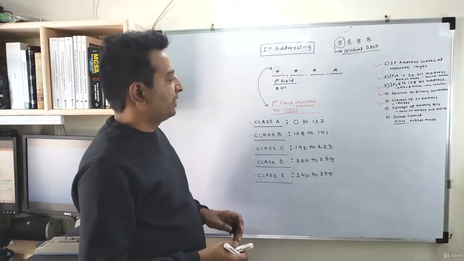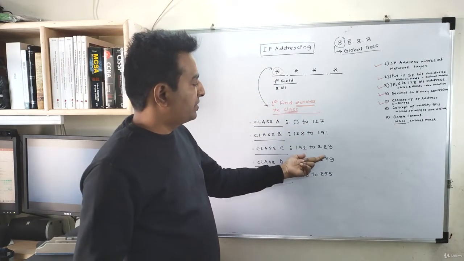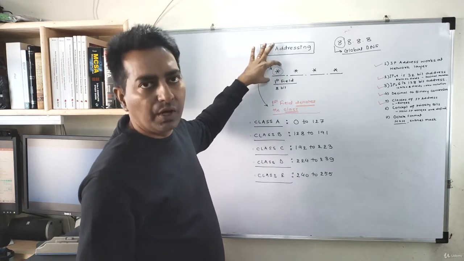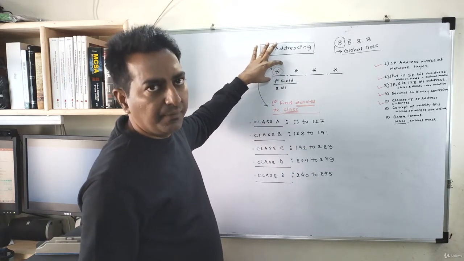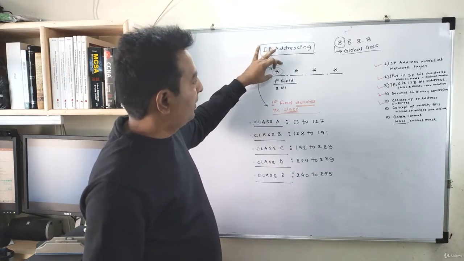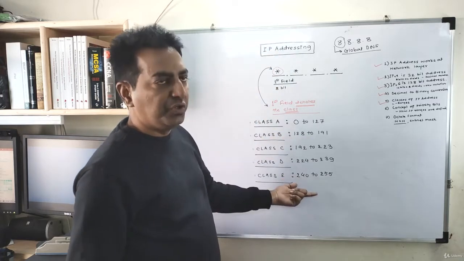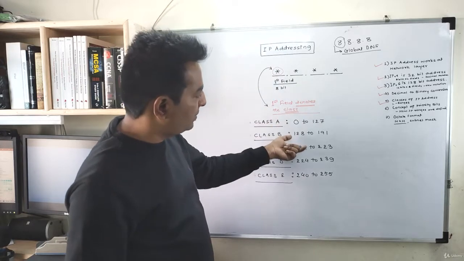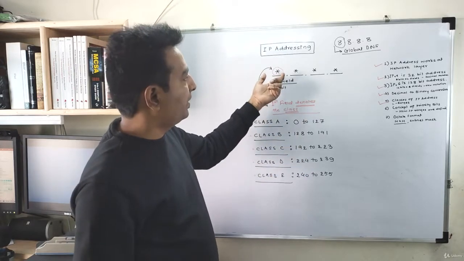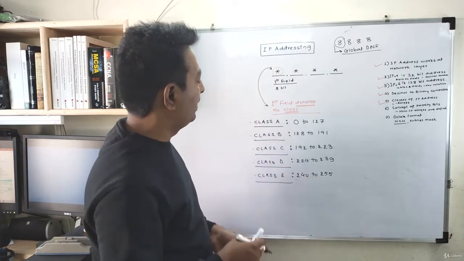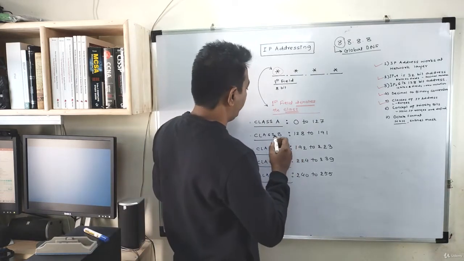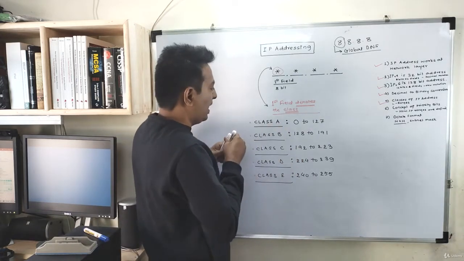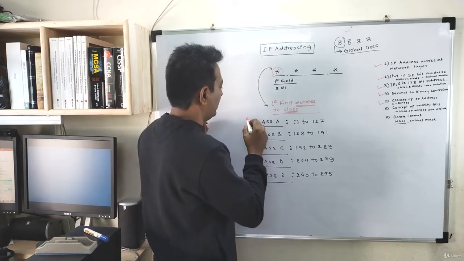So friends, these are the ranges that you need to look after in the first field, right? Based on that range, you just identify the first field, find out the range within which the number falls, and looking at that you can identify the class of the IP address.